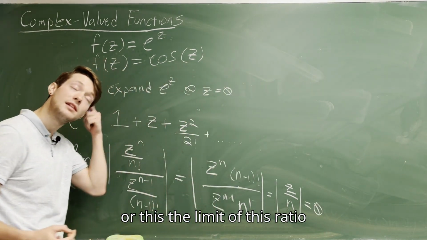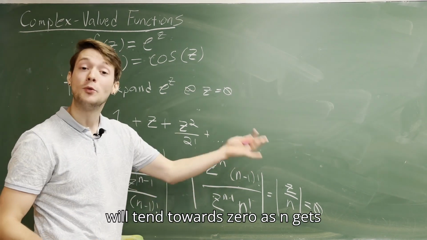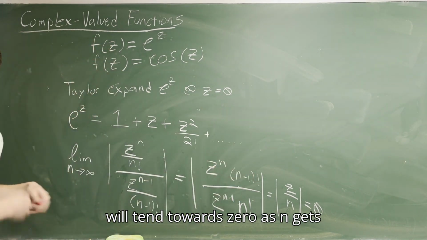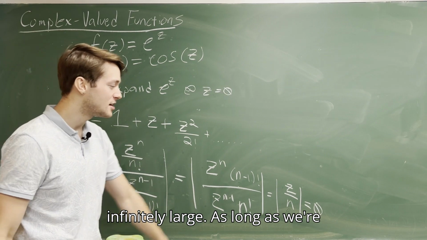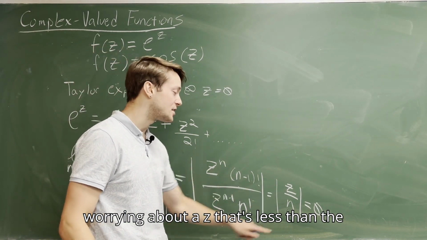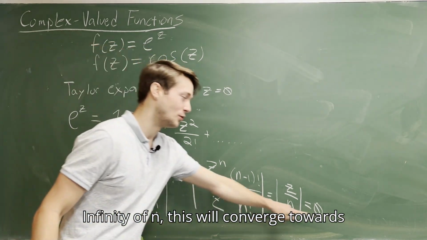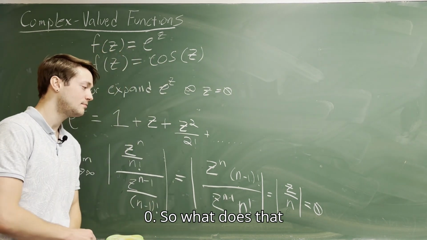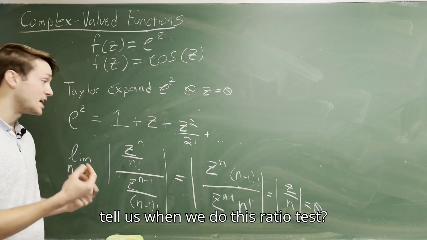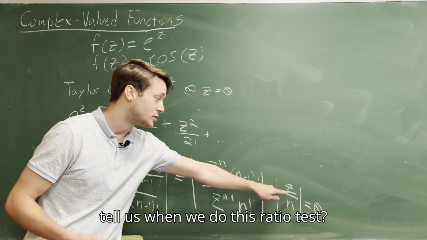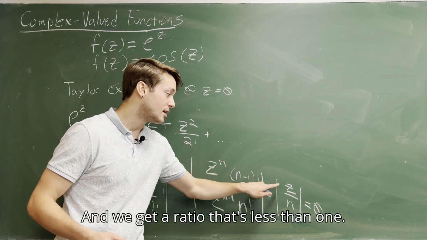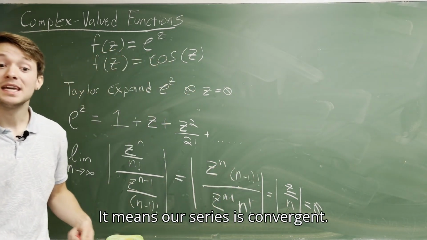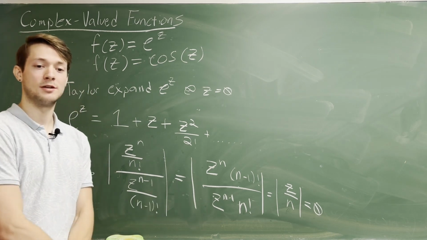Or the limit of this ratio will tend towards 0 as n gets infinitely large. As long as we're worrying about a z that's less than the infinity of n, this will converge towards 0. So, what does that tell us? When we do this ratio test and we get a ratio that's less than 1, it means our series is convergent.